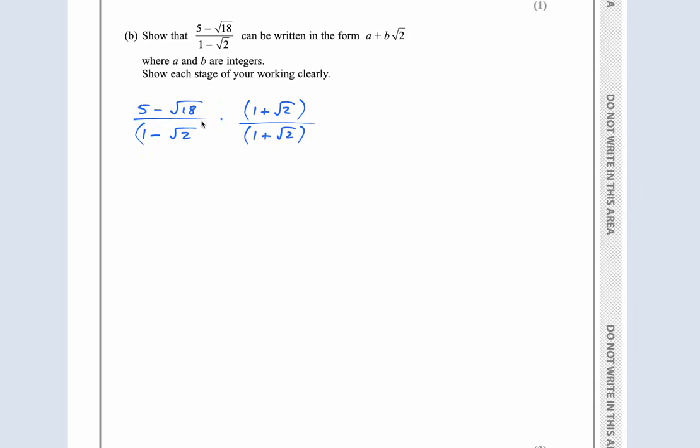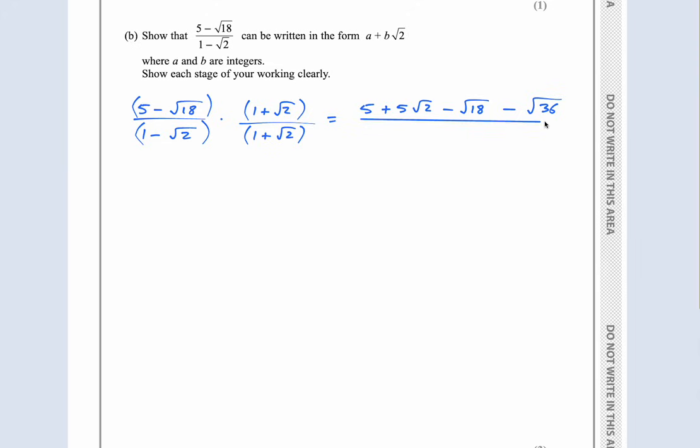Put these in a bracket. Okay. Multiply them out, we get 5 times 1 is 5. 5 times root 2 is plus 5 root 2. Minus root 18 times 1 is minus root 18. And minus root 18 times root 2 is minus root 36, because 18 times 2 is 36.